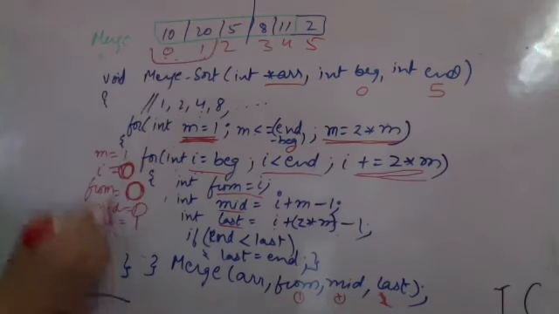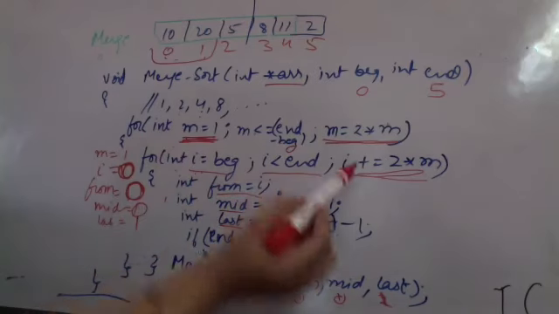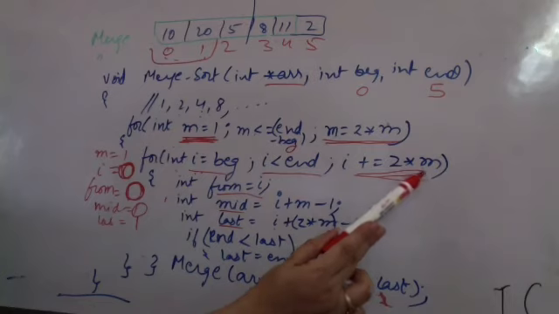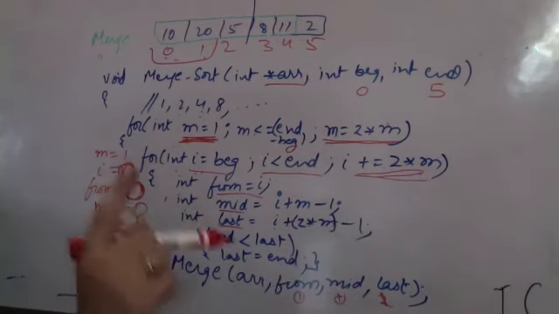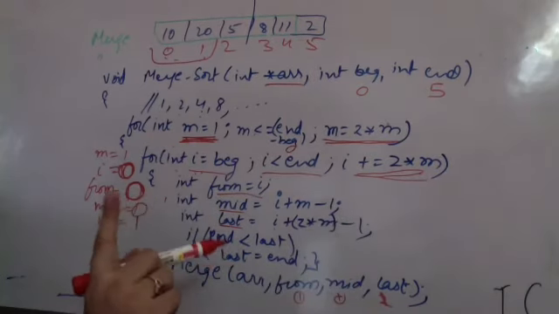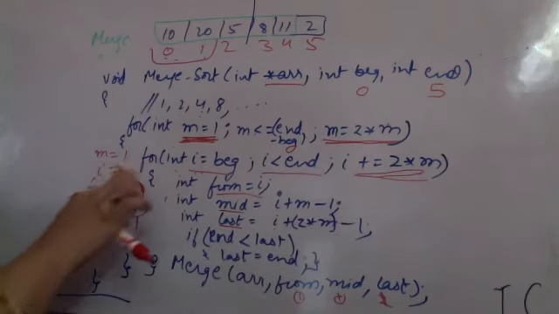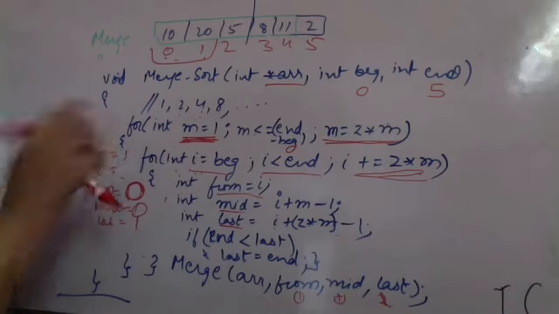Now when the loop runs the next time, I changes to I is now 2 into m, okay, I is 2 into m. M was initially 1, now I goes from 0 to 2. So now I becomes 2, m is still 1, the outer loop has not changed.